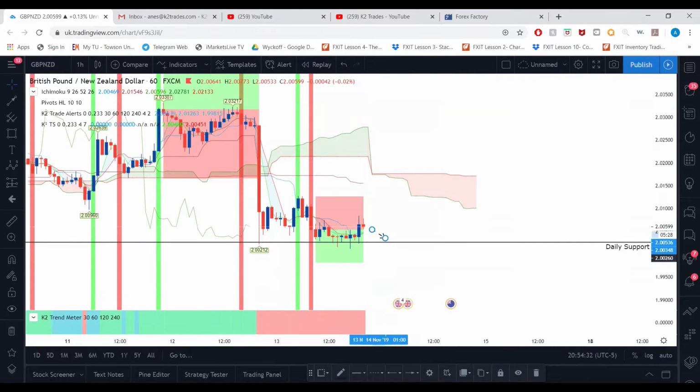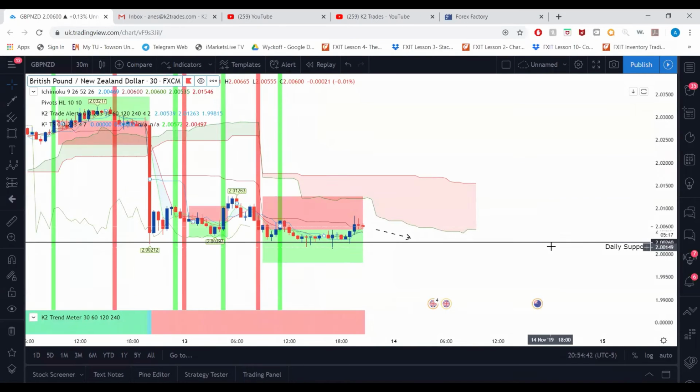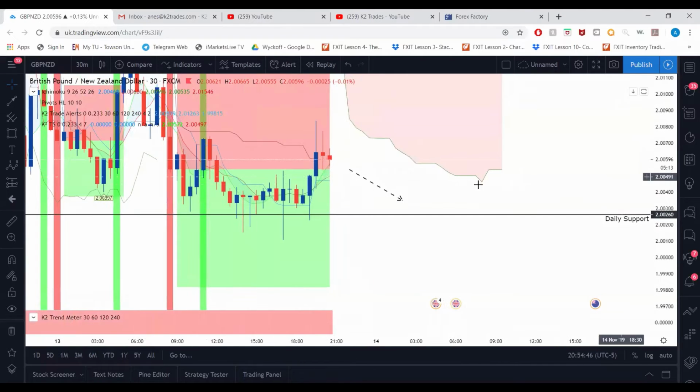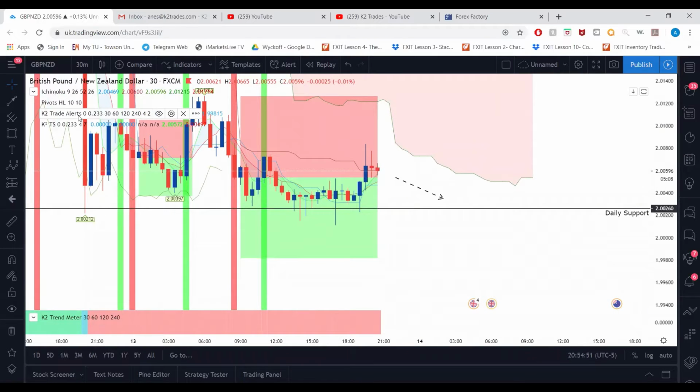Who asked about GN? So Daniel, yeah, I personally wouldn't be selling unless it closes below this daily support. But you can definitely scalp this sell if you want to follow this K2 signal.